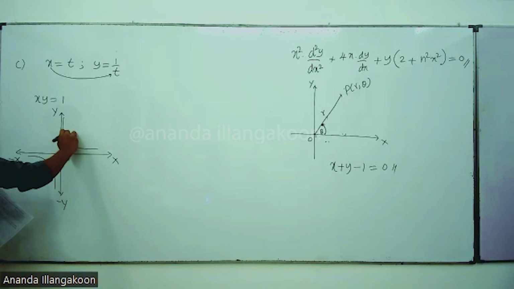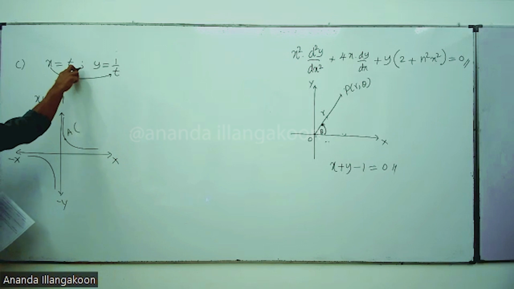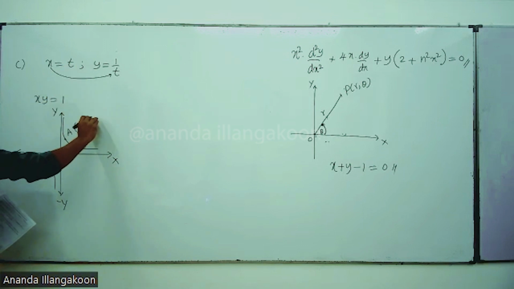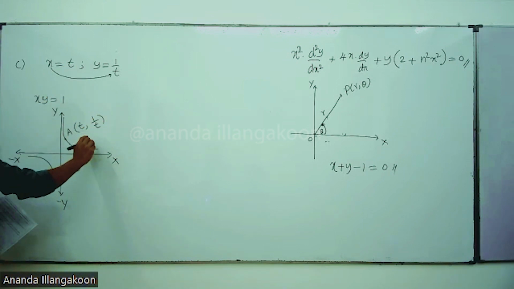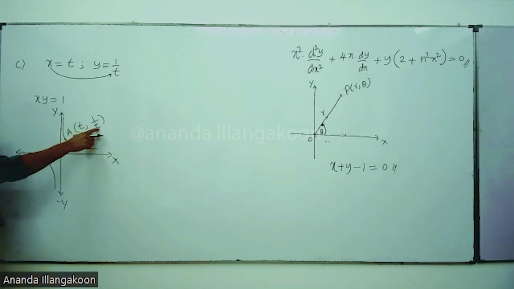This point is given as A. Then any point on this rectangular hyperbola, we can write the x coordinate as t, and the y coordinate as 1 over t. t is a parameter. Parameter means, when we give a real number for this t, we get a point on this hyperbola.